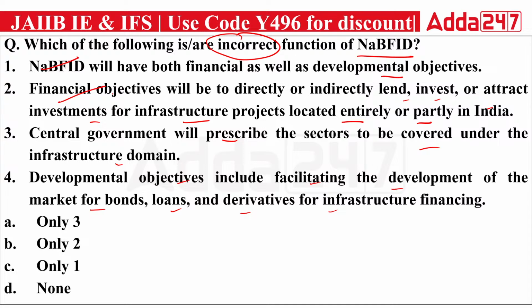Then the third is saying central government will prescribe the sectors to be covered under the infrastructure. That's true. Government of India has given a certain list of sectors which are covered in the infrastructure domain. Only those sectors will be counted here. Fourth is developmental objectives include facilitating the development of market for bonds, loans, and derivatives. And that is true.